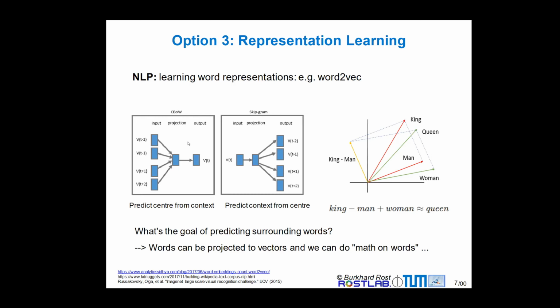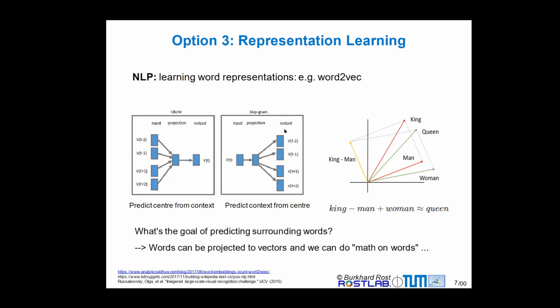So for CBOW, you always try to predict the center word in a window of words from its context. So you look at the two words that appeared before the center word, you look at the two words appearing after the center word, and from those you project to some hidden layer representation, and from those you try to predict the center word.